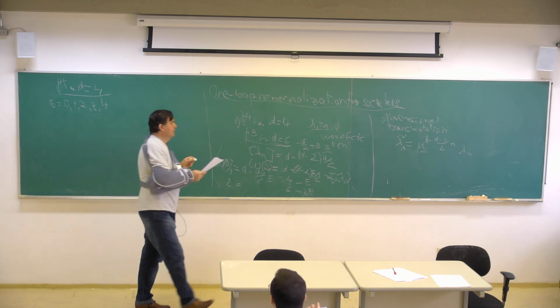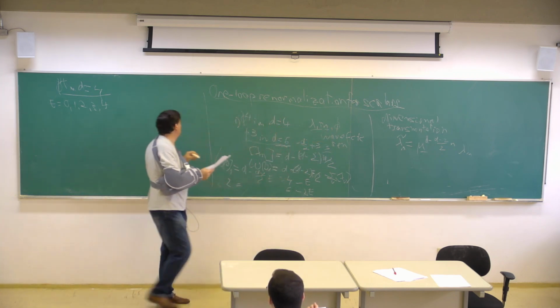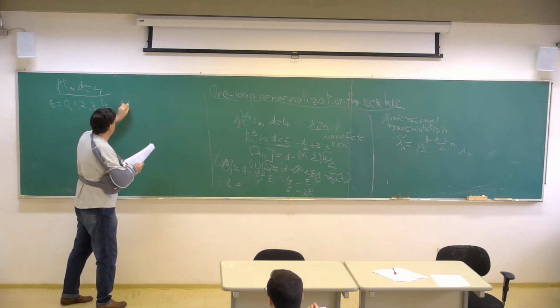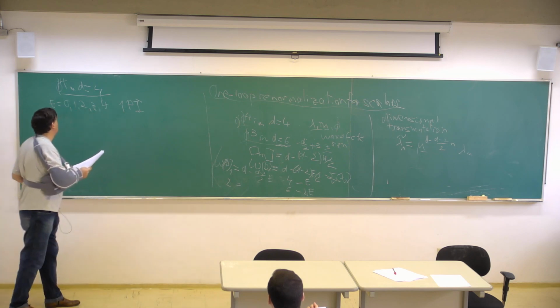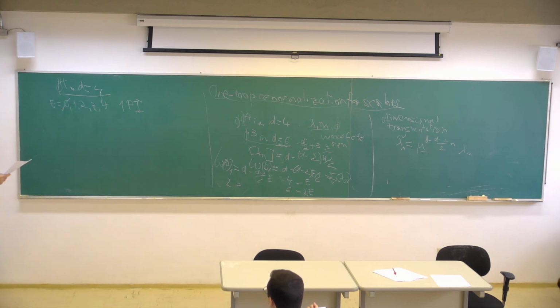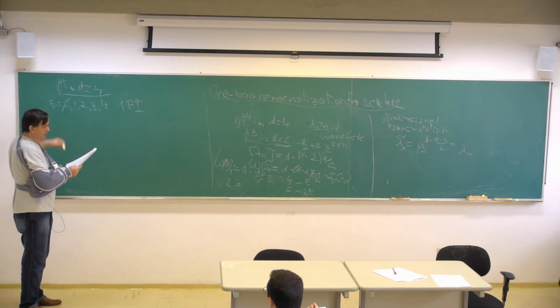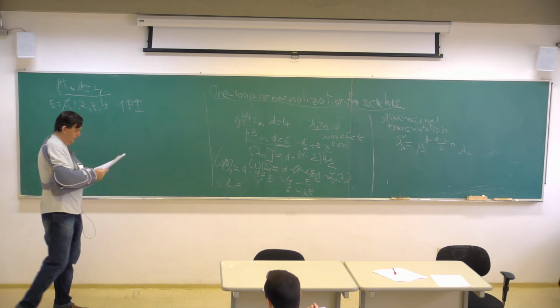So that means we will only consider 1 pi Feynman diagrams. So e equal to 0 is out because that's just a vacuum bubble that doesn't appear in 1 pi.